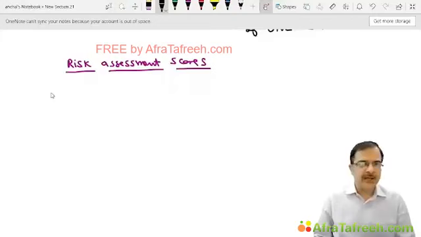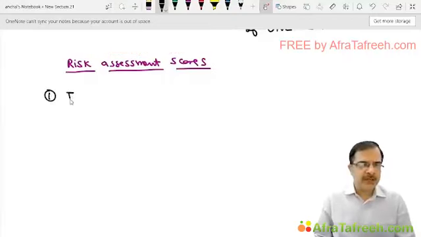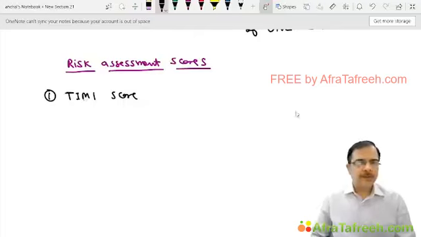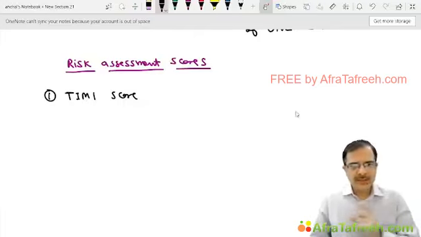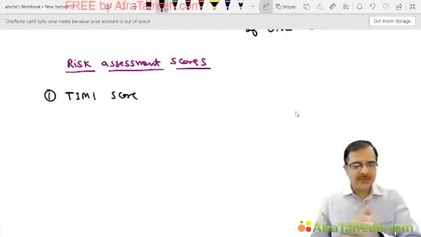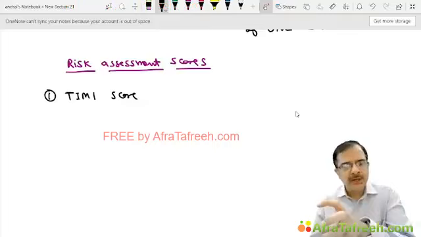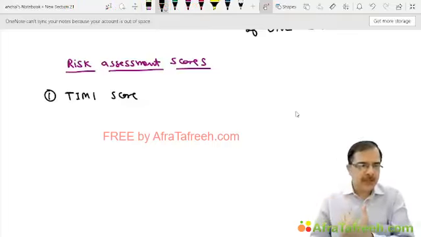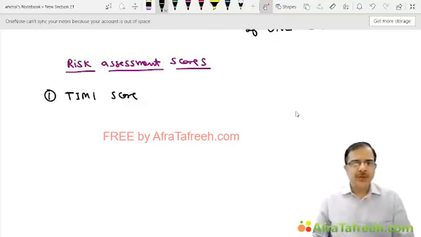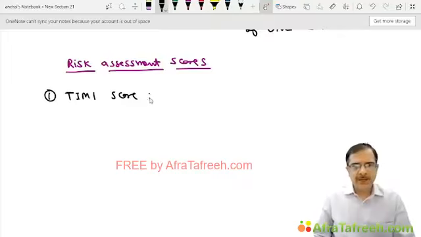The important risk assessment score, number one, is the TIMI score. Though the name is thrombolysis in MI, this score is for non-ST elevation MI, and we take clinical parameters, and the more the points, the poorer the prognosis or higher the risk of these patients.